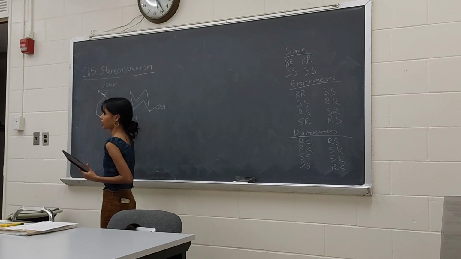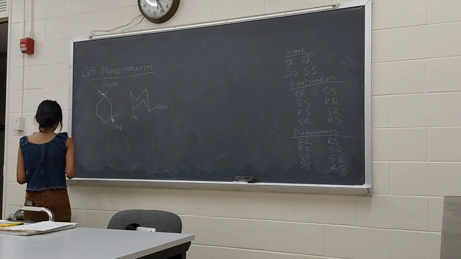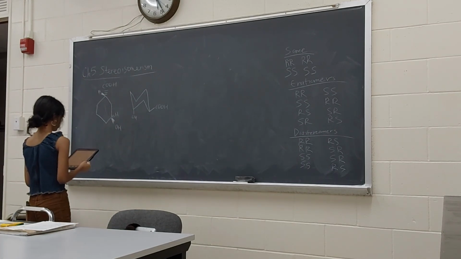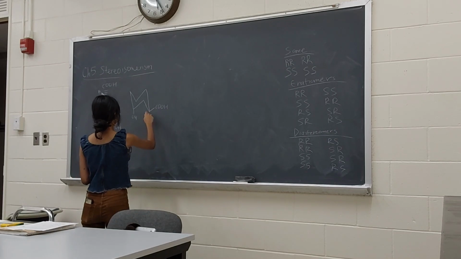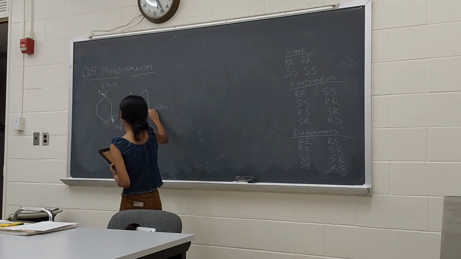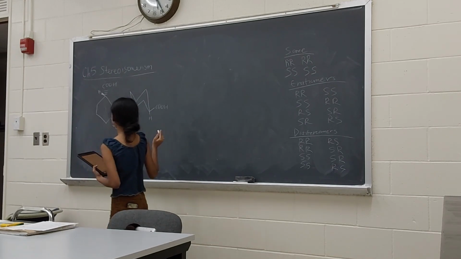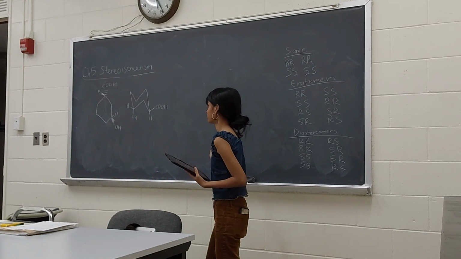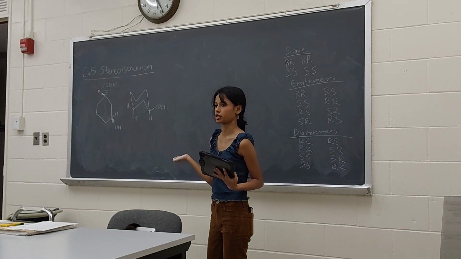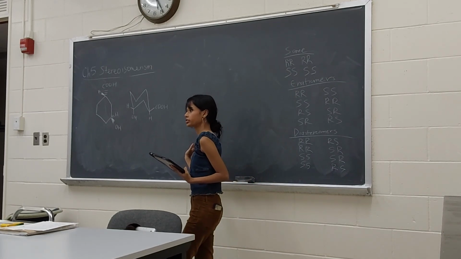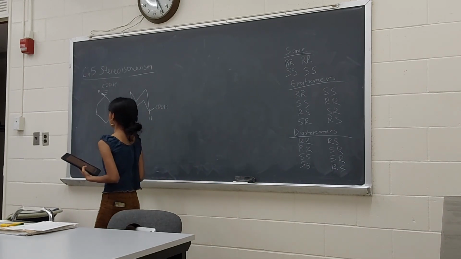If it's on a wedge, the hydrogen is going to be on the dash. Same for this one, right? But for cyclohexanes, if it's equatorial, the hydrogen is axial. Oh wait, there's the whole trans. So it can't be diastereomers. So we're choosing between, and the enantiomers are the same.